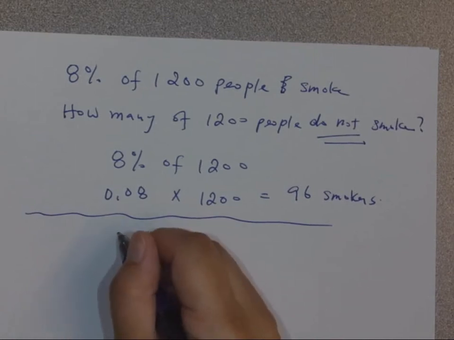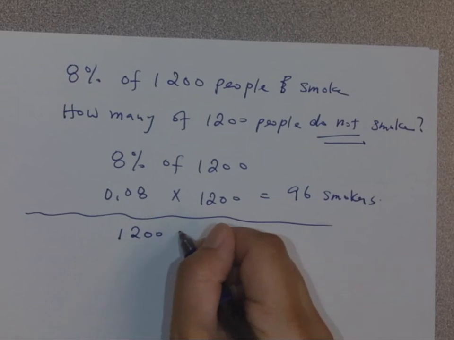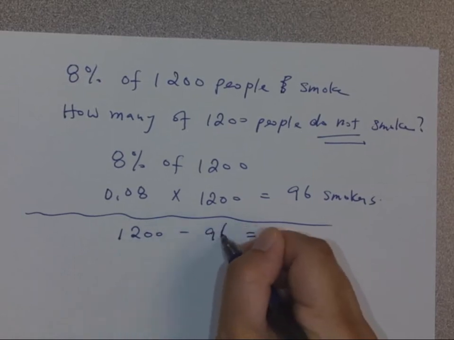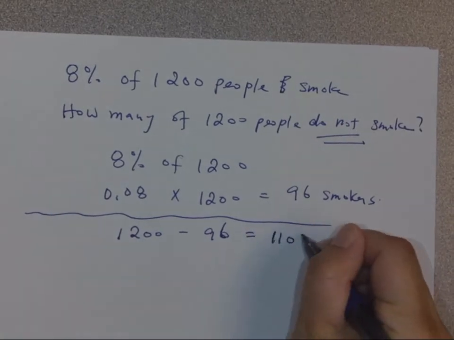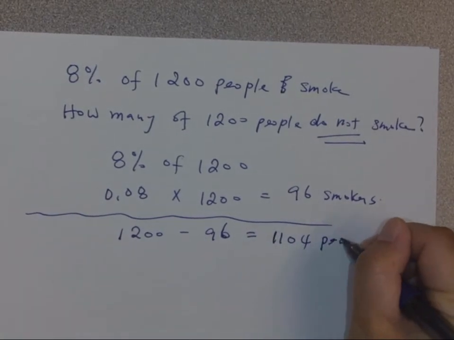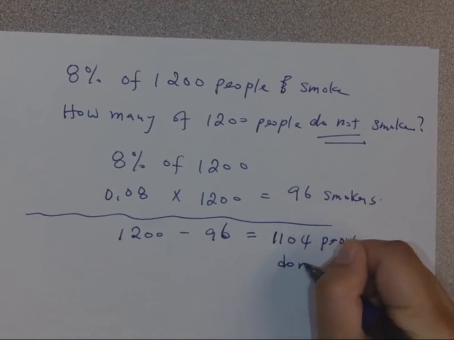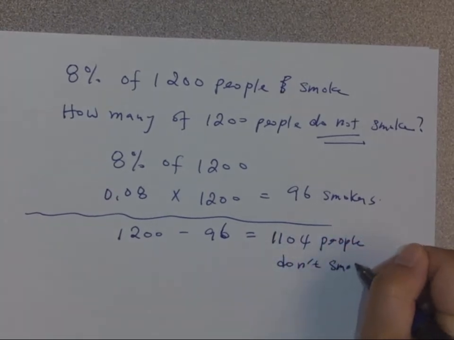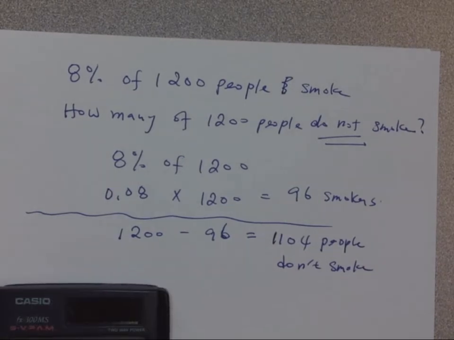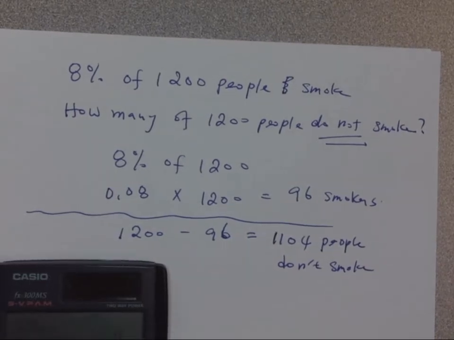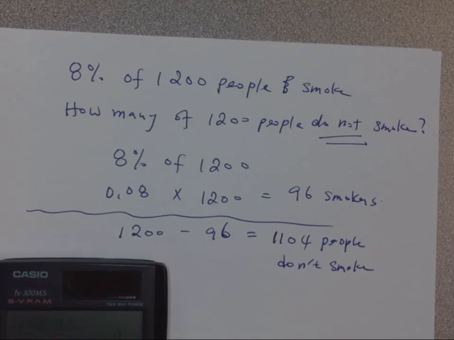So it's going to be, that's true, you can do 92% of that, or you can subtract. So 1200 subtract 96 is going to be 1104. Okay. 1104 people don't smoke. So is that the same as 0.92 times 1200? 0.92 times 1200.